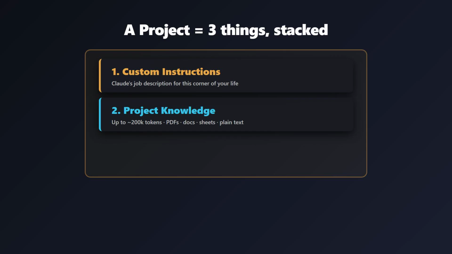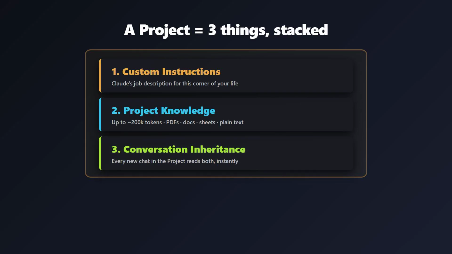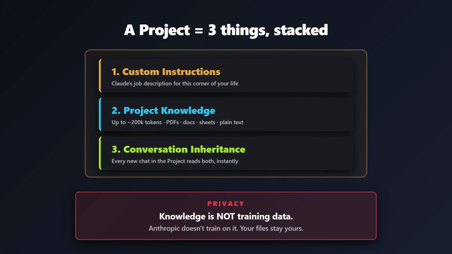PDFs, Word docs, Excel sheets, plain text. Once you upload it, every conversation in that project reads it instantly. No repasting. Three, every conversation you start inside the project automatically inherits both. Open a new chat at 9 a.m. Tuesday. Claude already knows who you are, what your accounts are, how you write, what last quarter's QBR said.